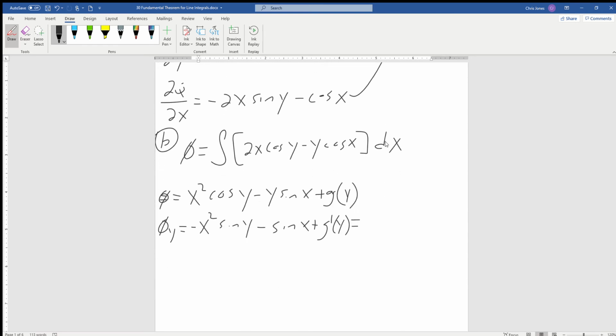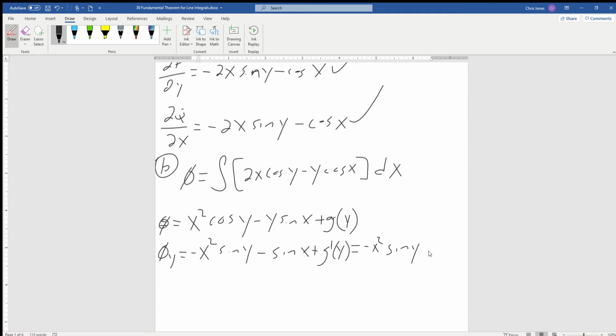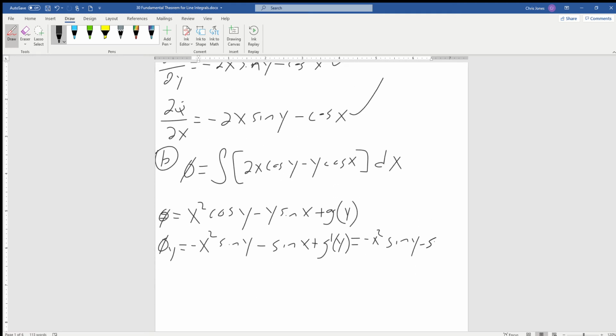So that's negative x squared sine y minus sine of x. And the good news is, on both sides, a lot of stuff's going to cancel. So notice that x squared sine y cancels, negative sine x cancels. And so in this case, g prime of y is going to be equal to 0.